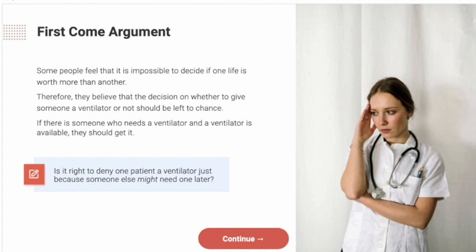I feel like with the QALYs, there's a loophole in the sense that those with very low QALYs might never get the ventilator. There'll be people with higher QALYs coming every time, and they will keep getting it. I see what you mean. Will they be able to get themselves into a position to get there on a first come, first served basis?